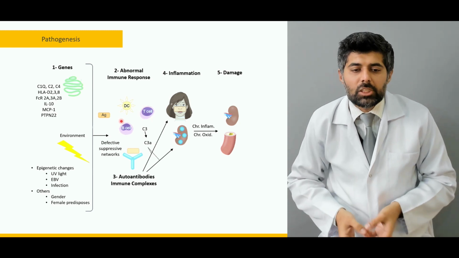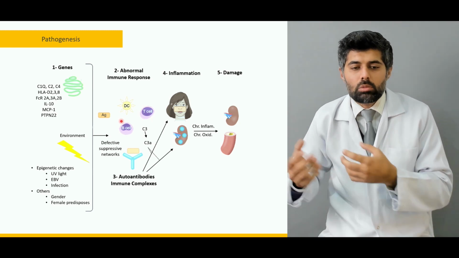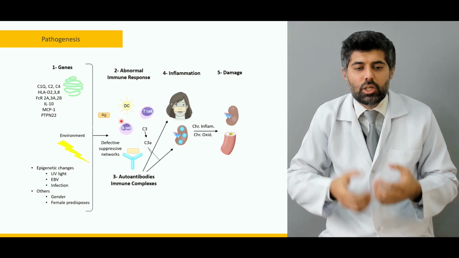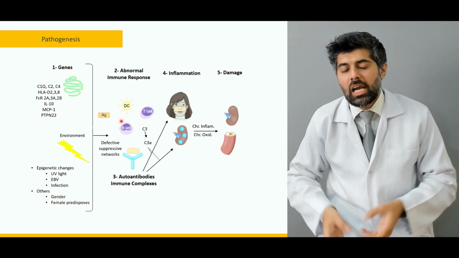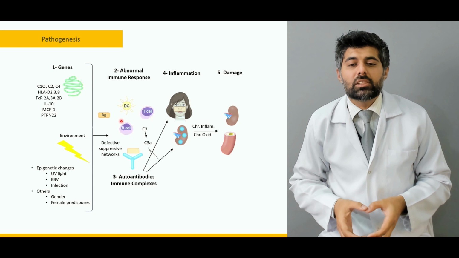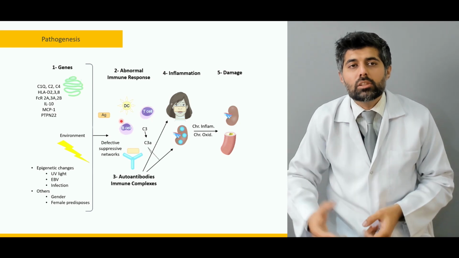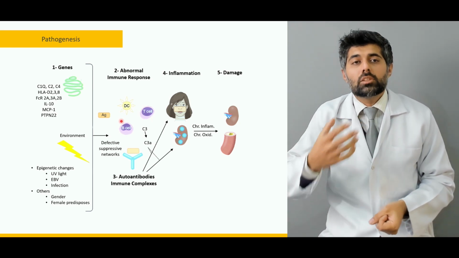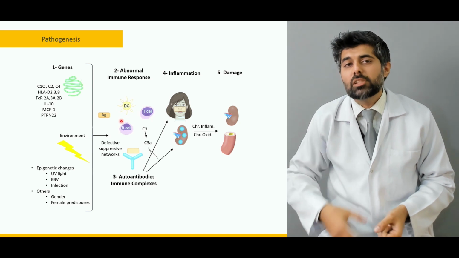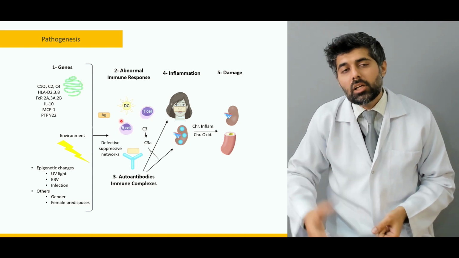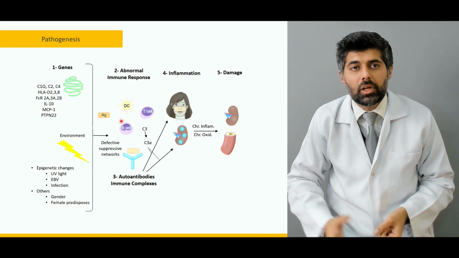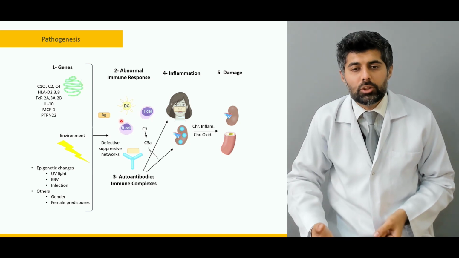So this results in autoantibody-antigen immune complexes, and these are the complexes which then start to accumulate, start to deposit on the cells, on the tissue, and start to disrupt their function and ultimately their structure.